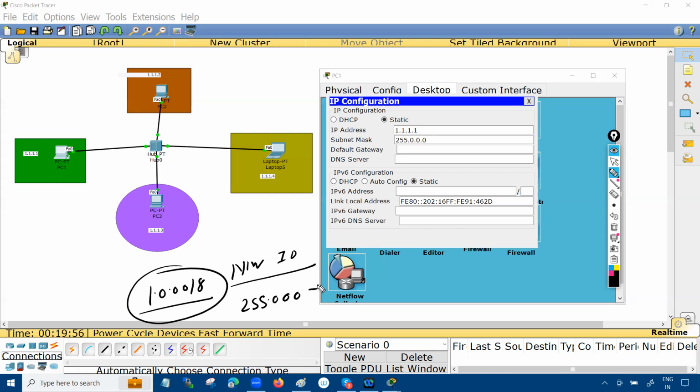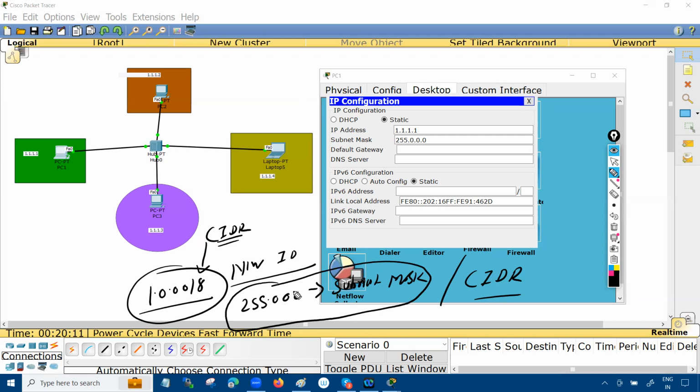255.0.0.0 is my subnet mask information, and /8 is also known as a CIDR value, classless inter-domain routing. So this symbol is known as a CIDR value, and this is known as subnet mask information. In this network ID, I have this range of IP addresses.